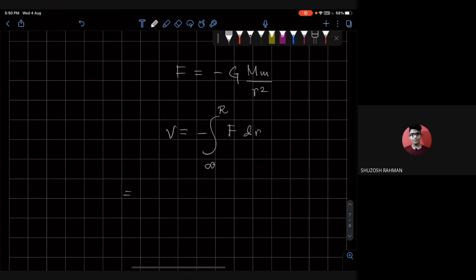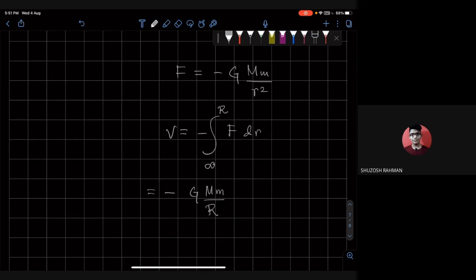And then we have minus, and there we have plus r to the power minus 2 plus 1, which is minus 1, so there's going to be a minus sign in the end, and it's going to be G M m over R, right? Do you agree?